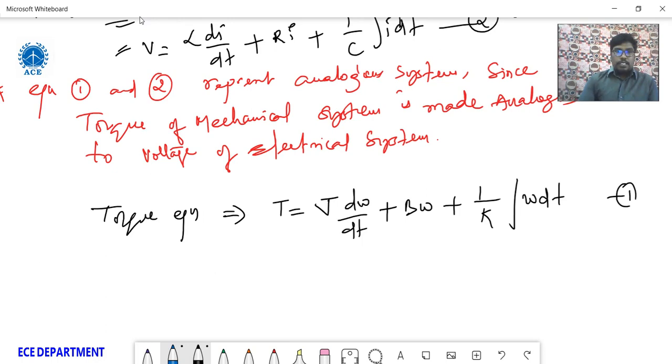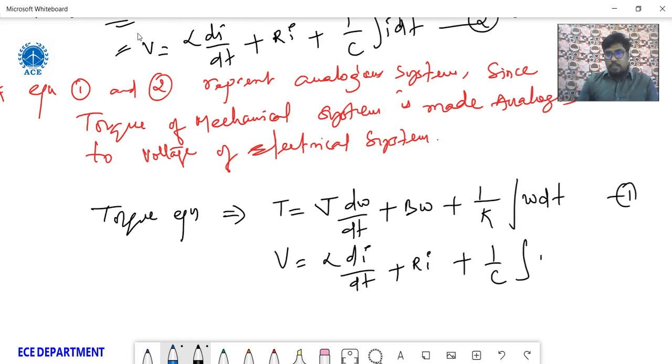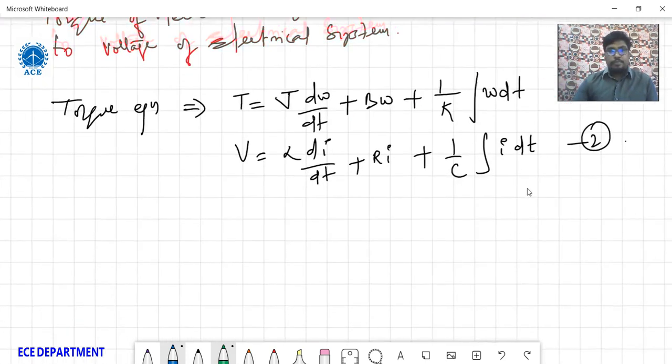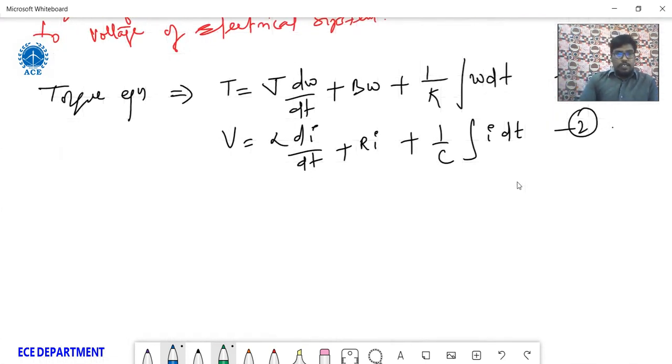Another equation, the second equation, is L di by dt plus Ri plus 1 by C integral of i dt. Now we need to take the comparison. In the TV analogy, let us write the table here.